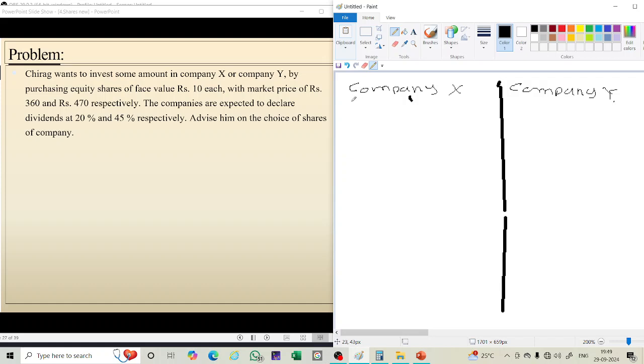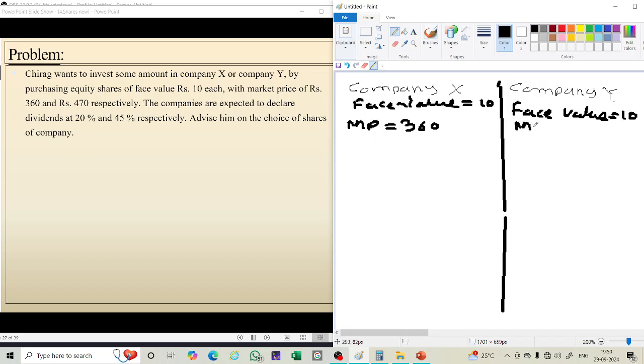So here face value is 10 rupees with market price, I will write MP, 360 and 470. So here face value 10 and market price 470.